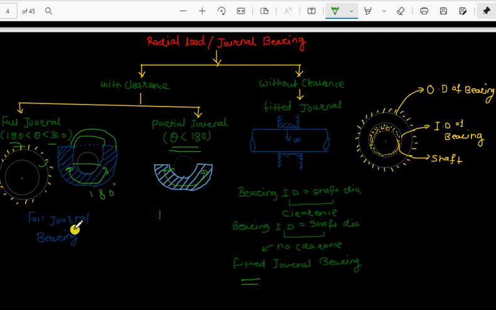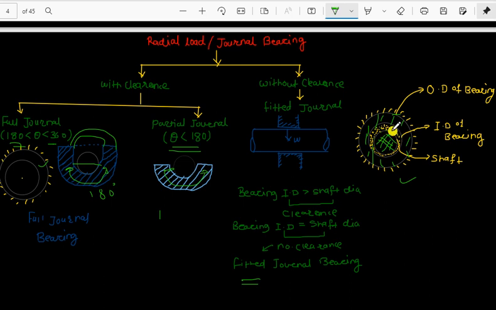Now we will see the working principle of this journal bearing, how it works. Let us say full journal bearing. This is the diagram. Here is the outer diameter. Here is the inner diameter. That means this is the complete bearing. Okay, and there is a dotted region. This dot shows that there is a lubricant, and this inner circle is nothing but the cross section of the shaft.